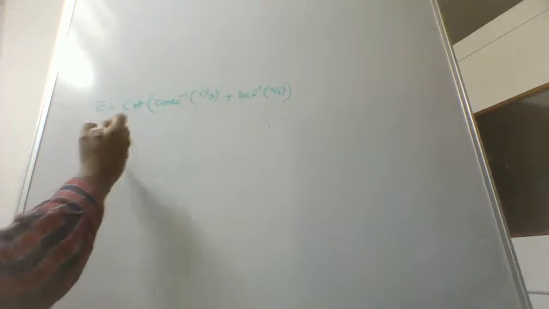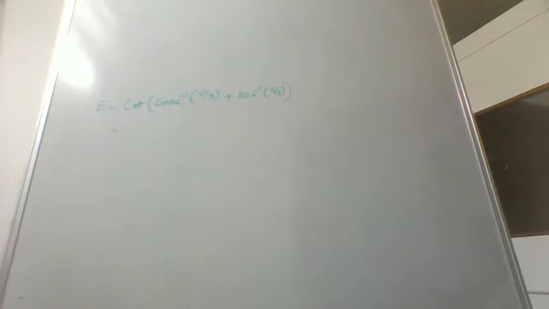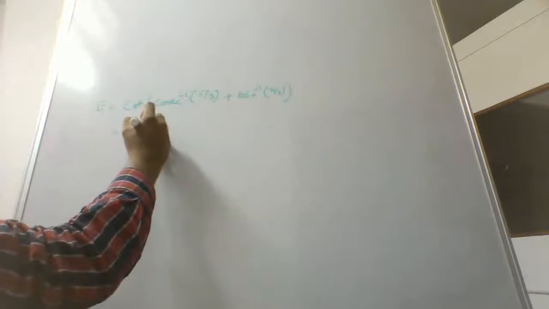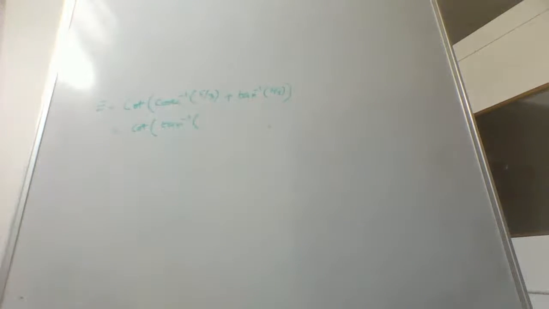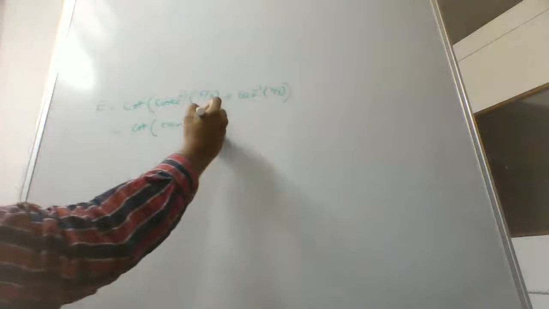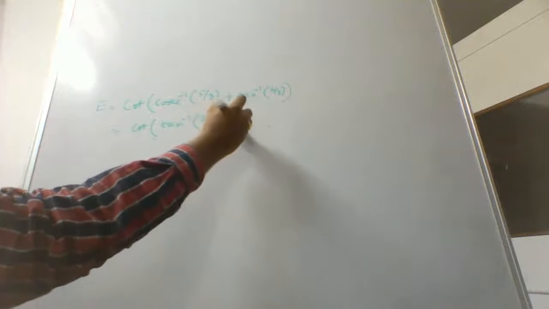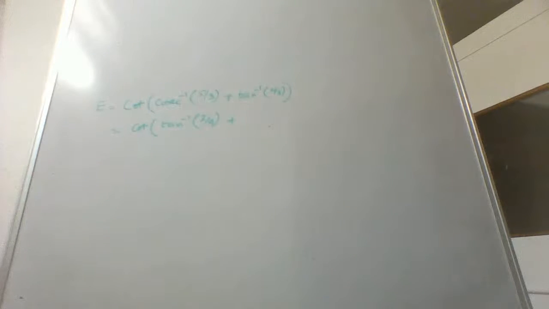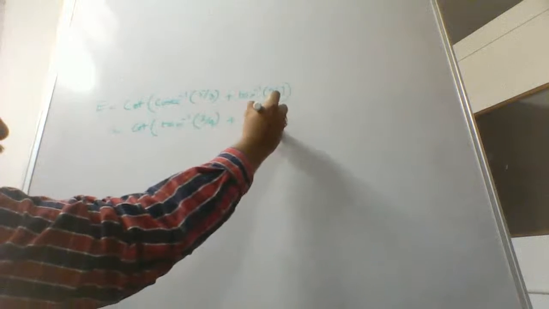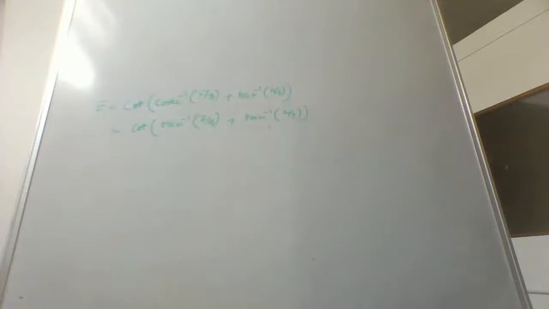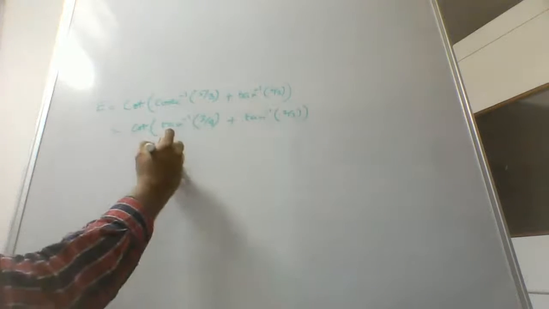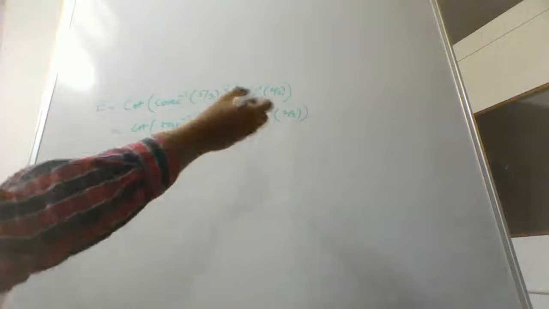Now cosecant inverse can be written as tan inverse, and this you can write as 3 by 4. This is tan inverse 2 by 3. Now we know the formula for tan inverse of x plus tan inverse of y.